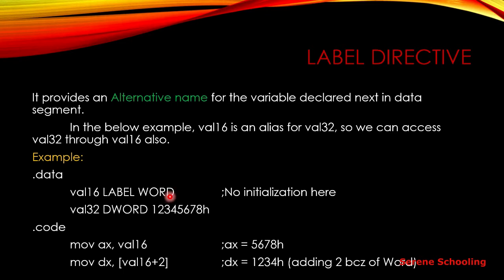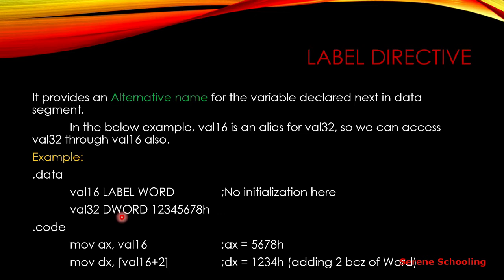But remember one thing, you don't have to do any initialization for the alternative name, or the label directive, because this is just an alternative name, or it gives an alternative size for the variable that is declared next. Okay, so this val16 is an alternative name for val32, and this word that is 2 bytes is an alternative size for this val32 whose original size is dword, that is 4 bytes.